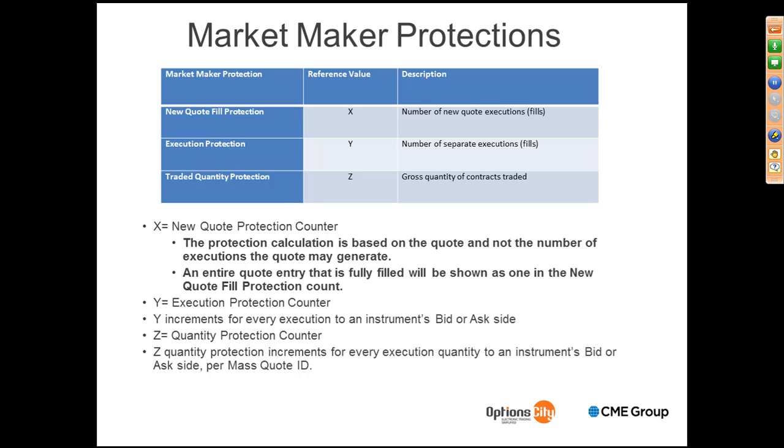Sure, and this is per mascot ID, or iLink as it is commonly referred to, and typically if people are market making for multiple products, they would have an ID for each, let's say, wheat and soybeans, so that they have different market maker protections. Correct.